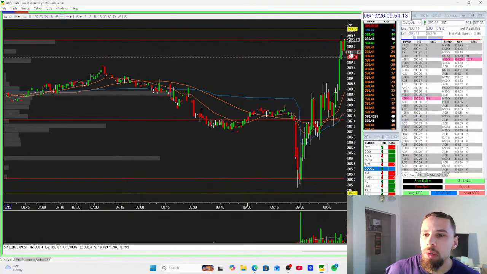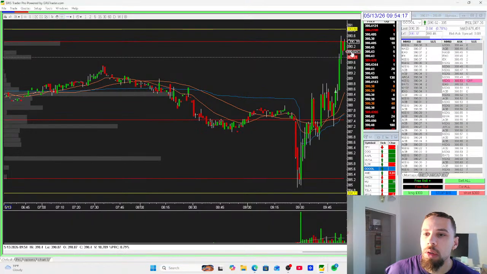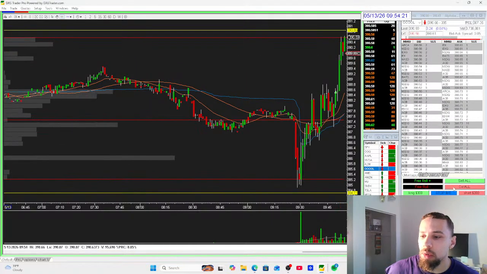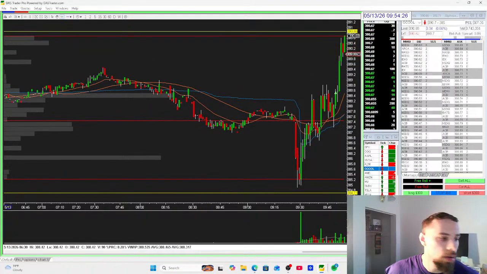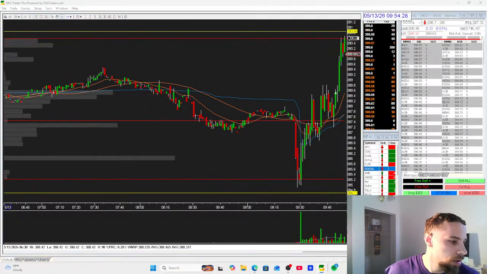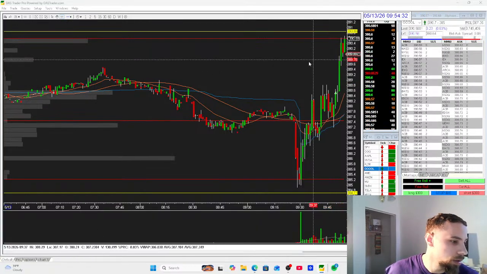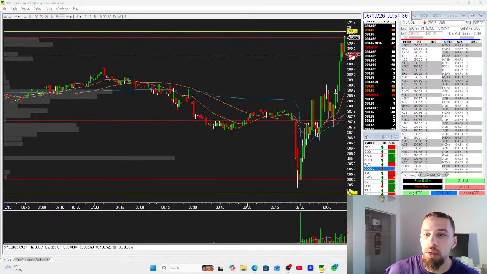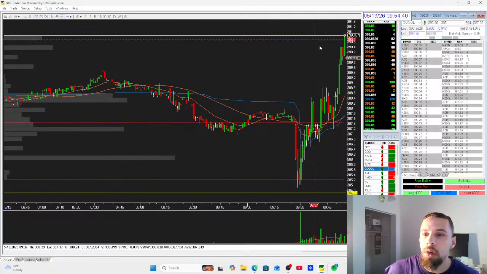Gonna move our trailing stop here, just below 390. Okay, we're pushing. Man, this is looking good as of right now. Huge 5-minute candle though. We are getting extended. I'm all out.